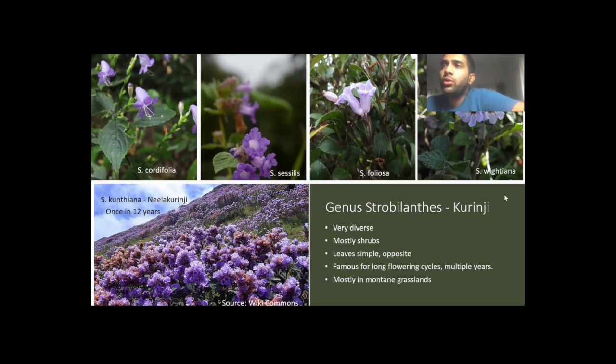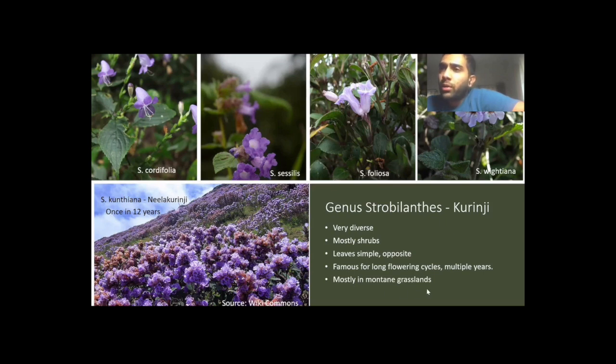So that's something you should know, that it's so diverse that it's actually sometimes hard to know which species it is. And while this species flowers once in 12 years, there are other ones like in Maharashtra, which flower once in 8 years, some are once in 4 year cycles, and some plants which flower every year.